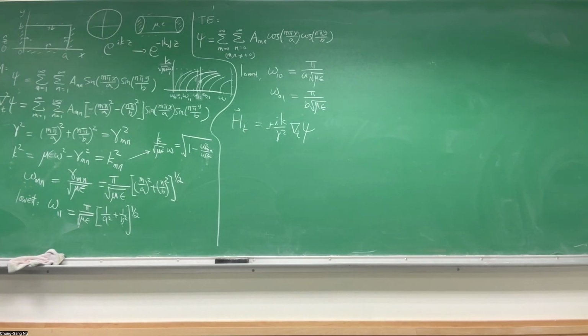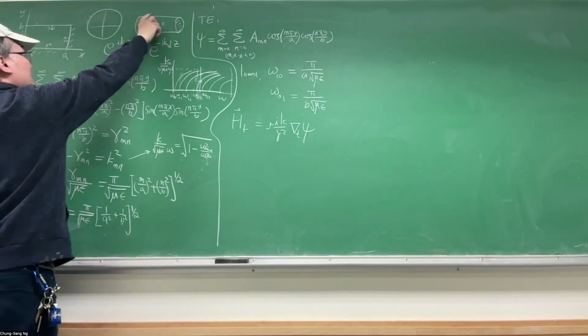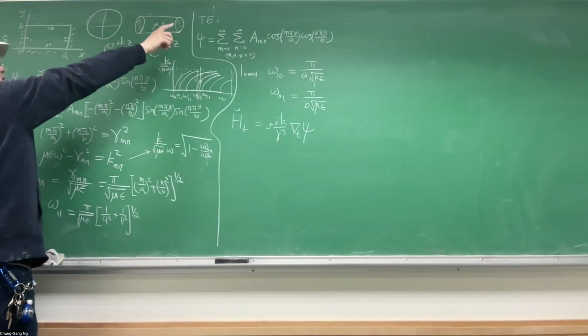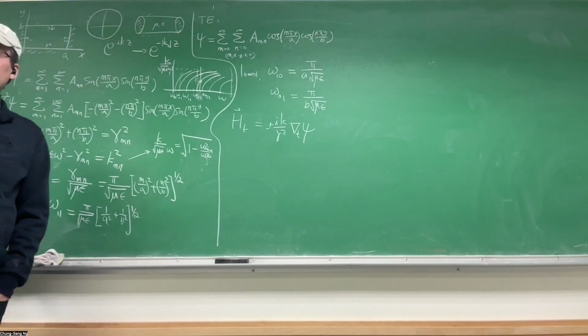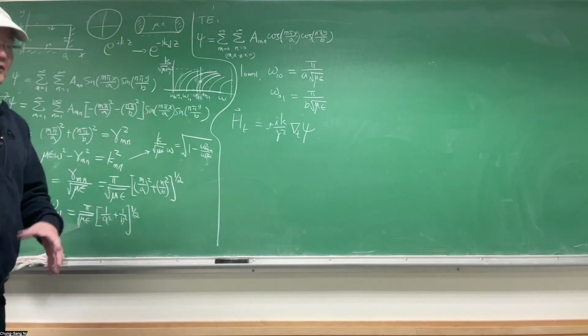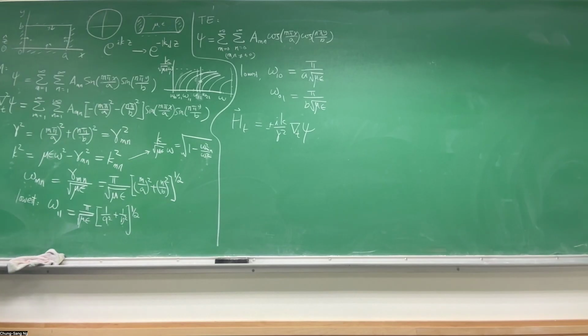So you can have a wave mode within this resonant cavity. This resonant mode is basically the standing wave inside, just like any cavity. Even not just the electromagnetic field, you have some kind of musical instrument, like a drum, where a standing wave inside gives you the frequency. Right.